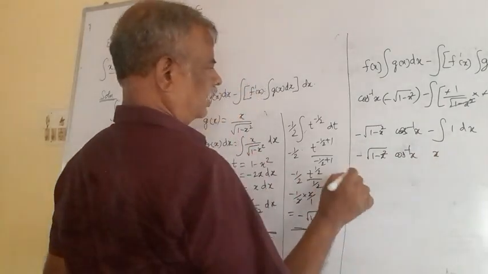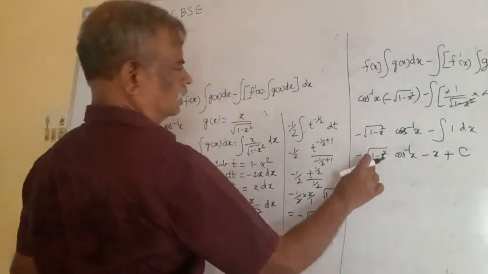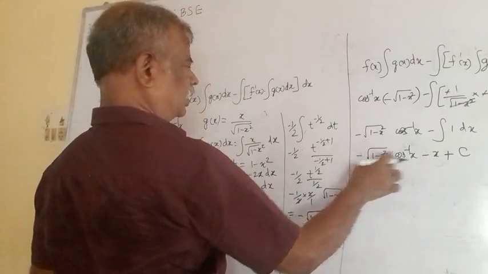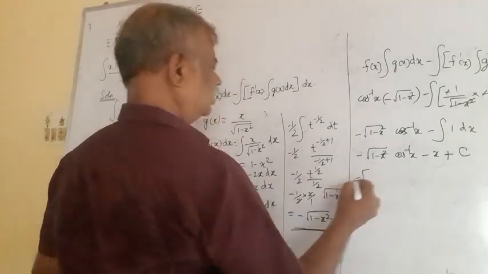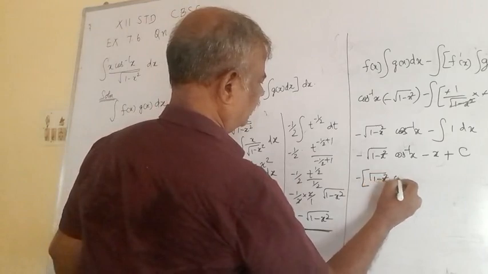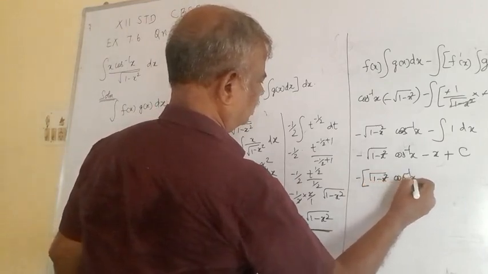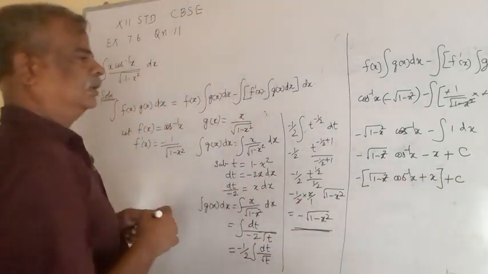Integration of 1 is just x, plus a constant c. The first two parts are negative, so I take minus before it: minus root of 1 minus x square cos inverse x plus x plus c. It is the solution for it.